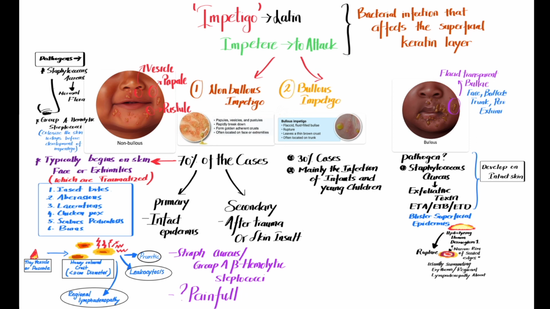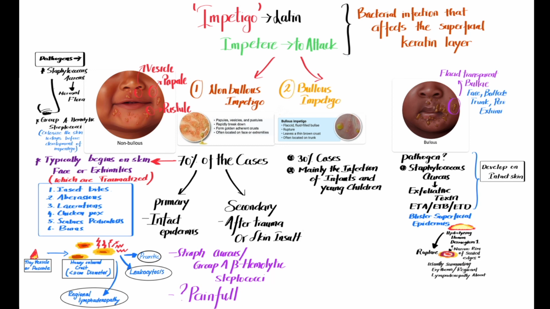If we see the clinical picture of non-bullous impetigo, it will appear like vesicles, papules, or pustules. Then they will burst. Once those papules and pustules burst, they can form a honey-colored crust. This honey-colored crust can be painful and itchy as well.